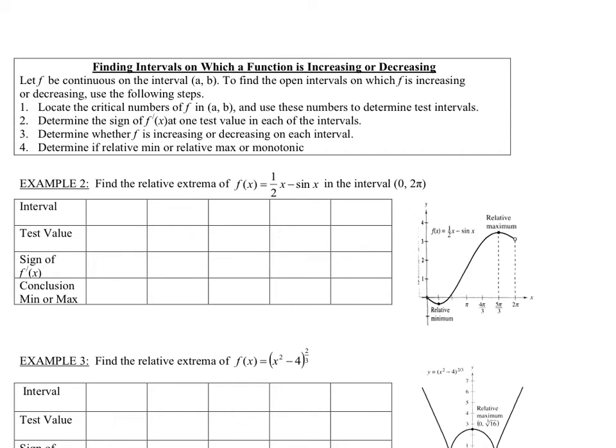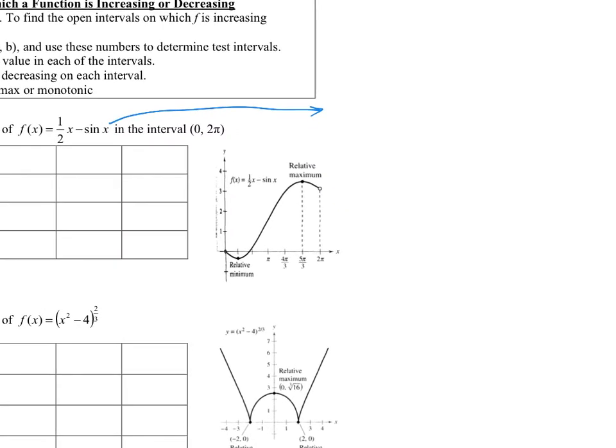First of all, we're going to find those critical numbers. f prime of x is 1/2 minus cosine x. I'm going to set that equal to 0, and I have cosine x equals a half.